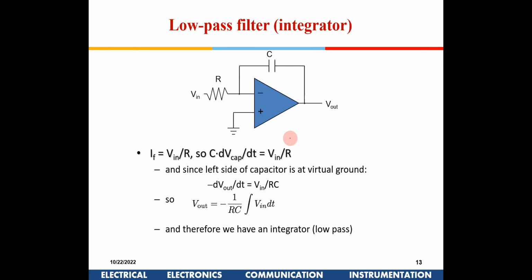Now if I swap these positions of the resistor and the capacitor, then it becomes a low pass filter.